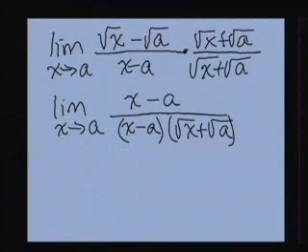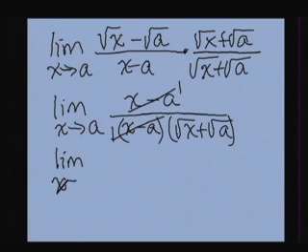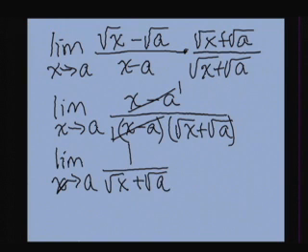Now, of course, the x minus a's cancel to 1. And so now we have the limit as x goes to a of 1 over the square root of x plus the square root of a.